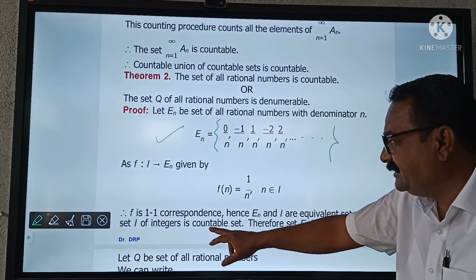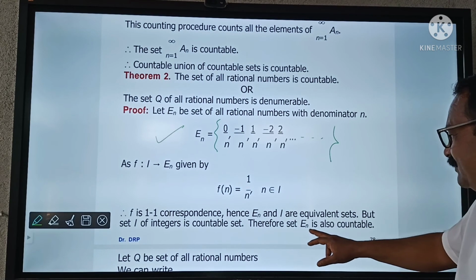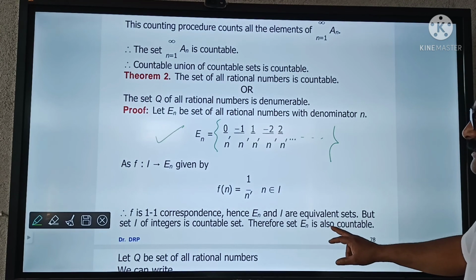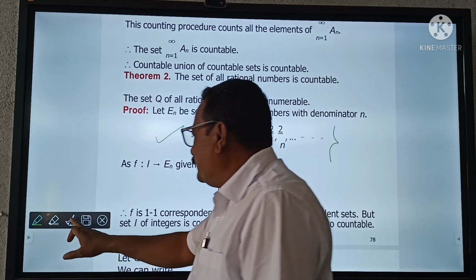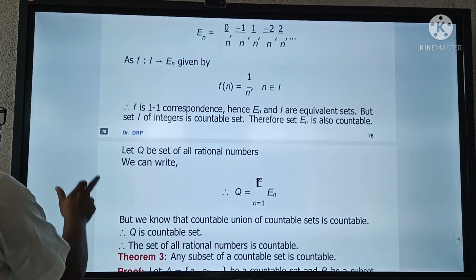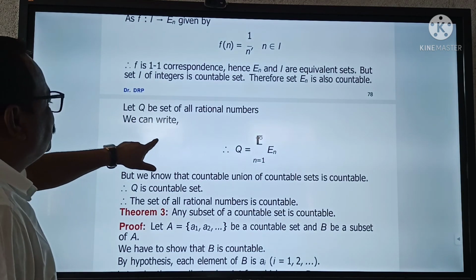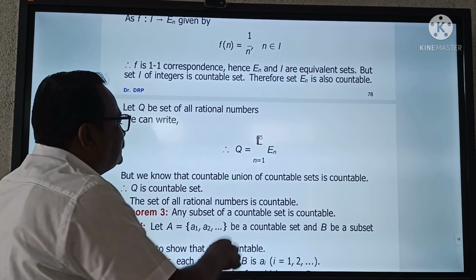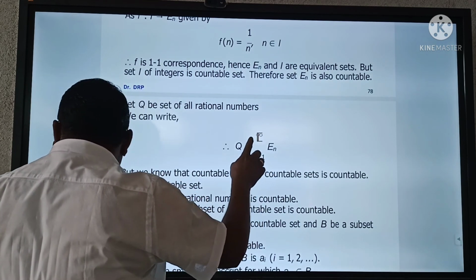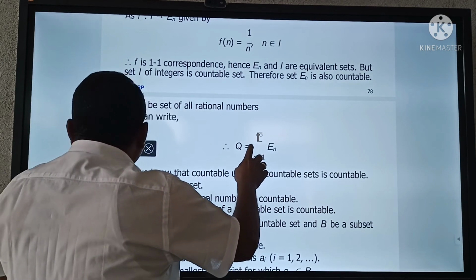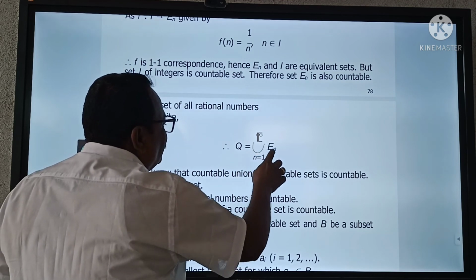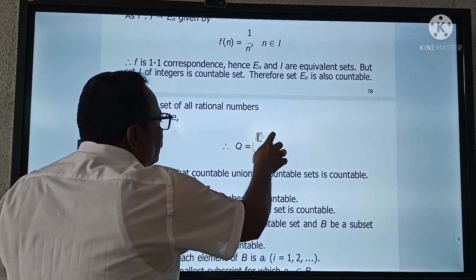But the set of integers is countable. Therefore En is countable. Now Q, the set of rational numbers, we can write as the union of En, with n from 1 to infinity.